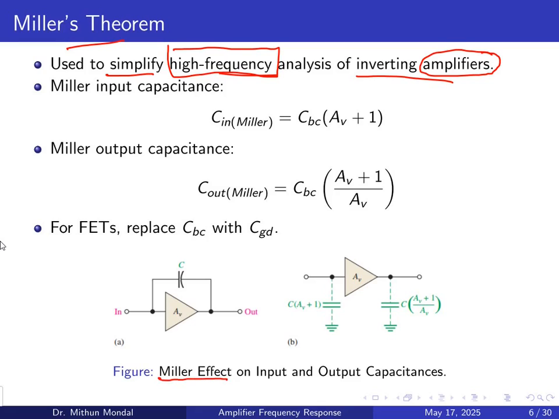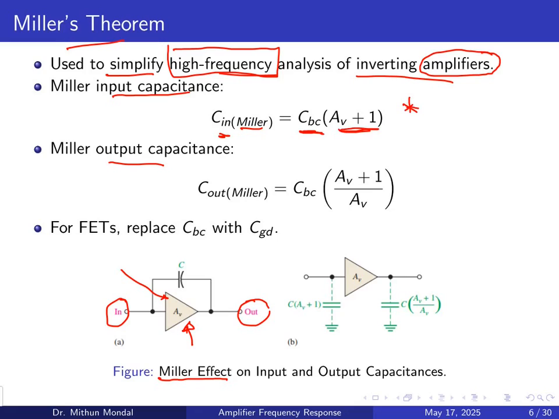Now let us see the effect of Miller. Here you have the amplifier, denoted with the voltage gain AV, and the input and output parts of the circuit are shown. We need to determine the input capacitance and the output capacitance of this amplifier. It will be simplified such that the Miller input capacitance is given by the base-collector capacitance multiplied by the voltage gain plus 1.